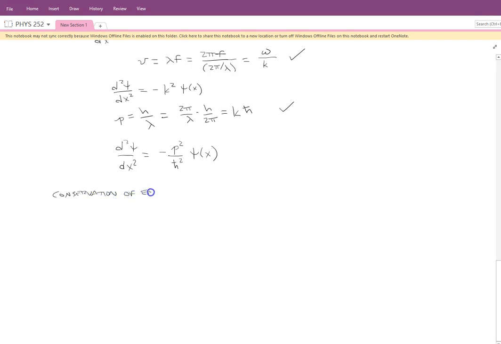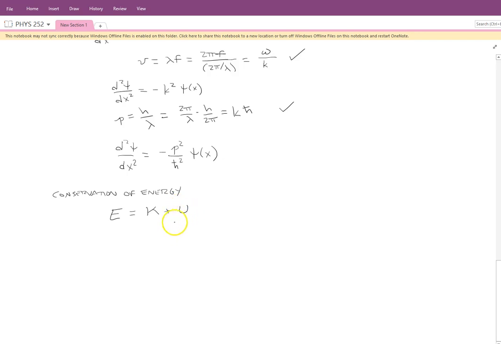What we're going to say is the total energy of this matter wave, this particle, is going to be conserved. So total energy, I'm going to use E for total energy, has two parts. It has motional energy, kinetic energy, big K, but there could be an interaction, and often there is, an electric force interaction, for instance, where you have a potential energy.